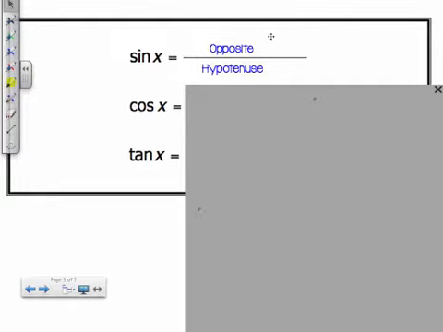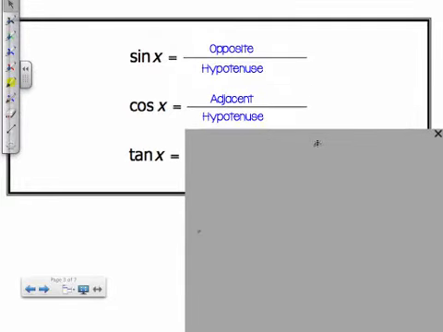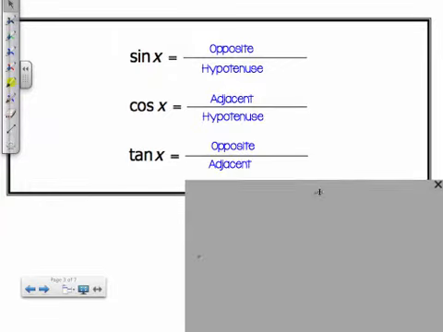Press pause if you need to, if I'm going too fast for you, but these ratios are super critical. You've got to make sure you get these down, okay? And then the cosine of an angle will always be the adjacent over the hypotenuse, and the tangent of an angle will always be the opposite over the adjacent, okay?